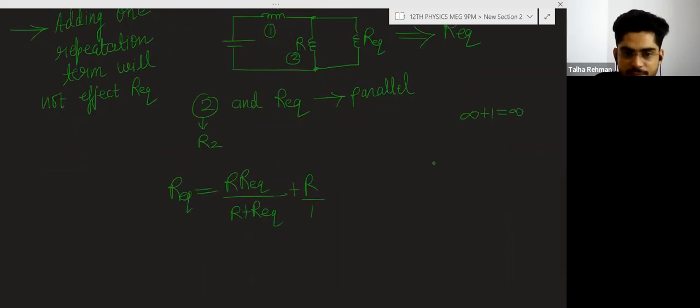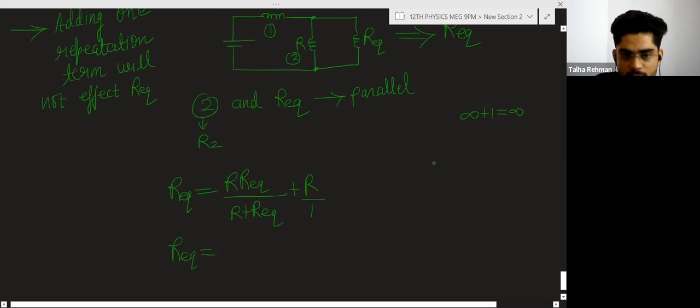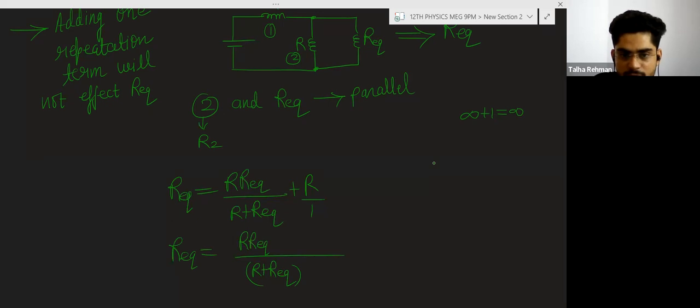We will take the LCM, R plus R equivalent, and now with cross multiplication you will get R into R equivalent plus R square plus R into R equivalent.